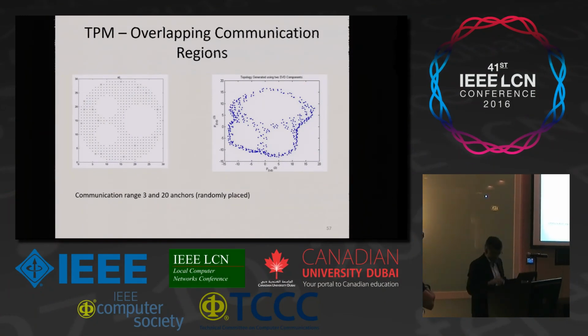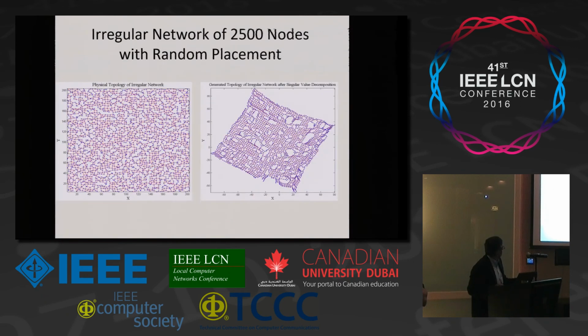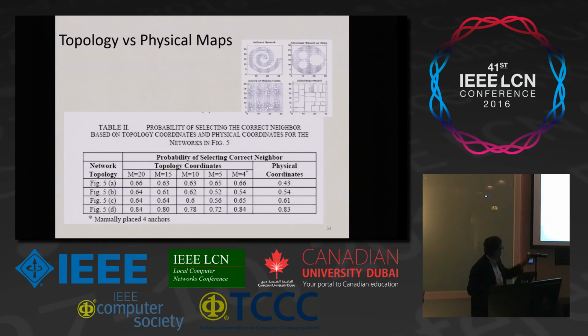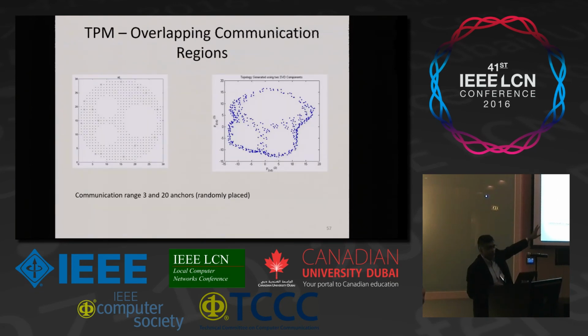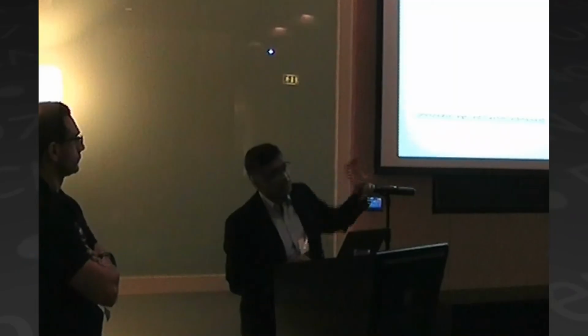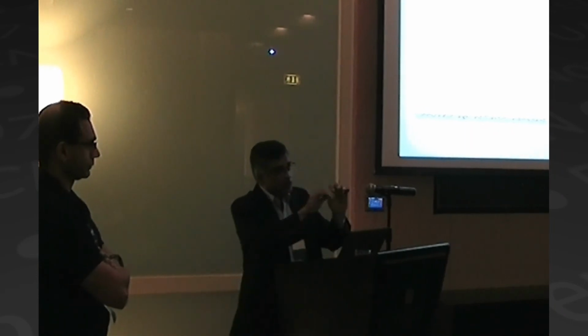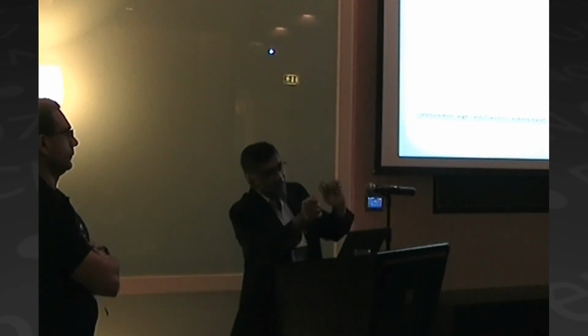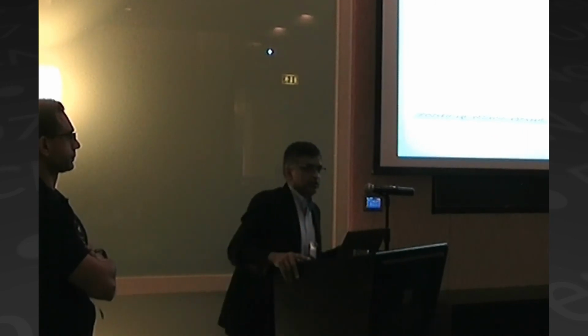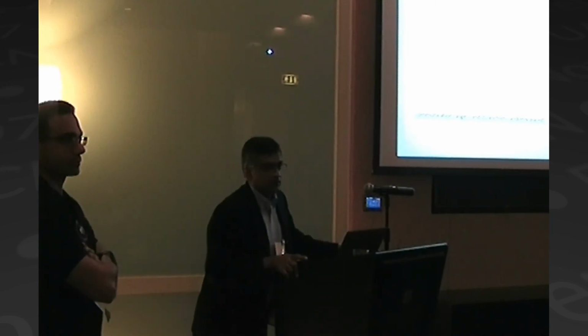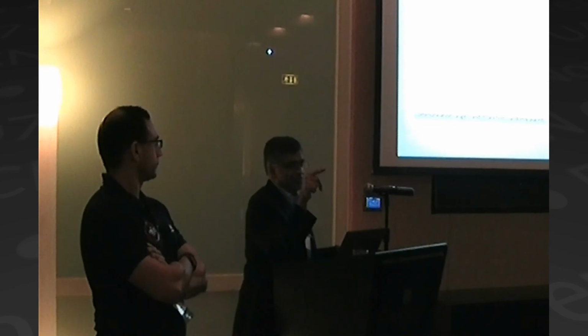So the map actually gets distorted. Random nodes. So even in cases like this where the communication range is larger, you get maps, but in this case the communication topology is not significantly different from the physical topology, right? So for example, if you increase the range so that everyone can hear everyone else, it will be a point. And did I ask you a follow-up question or?